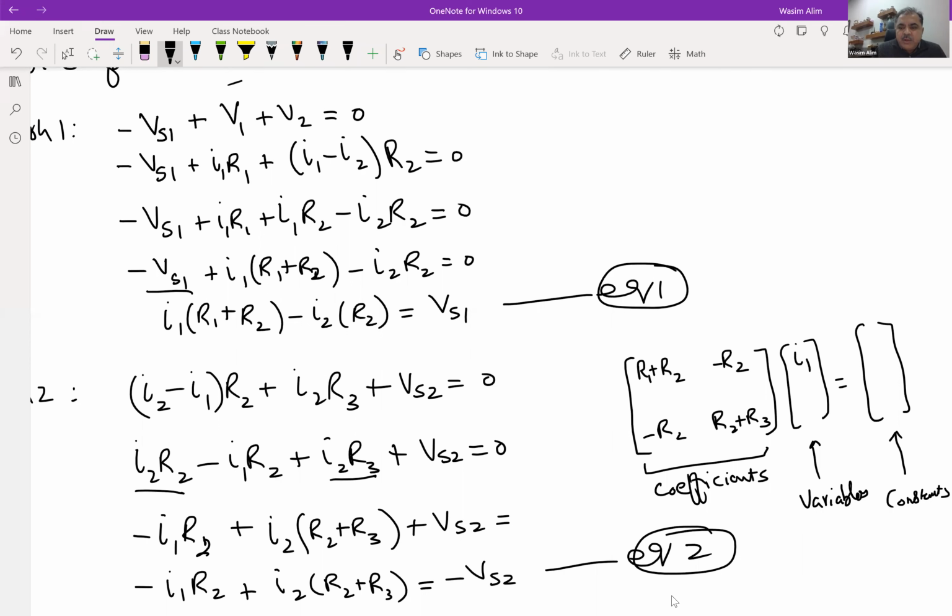This one is I1, and this one is I2. This is, again, going to be generally a constant value, which is going to be the value of the voltage source, VS2. So now from this, you can solve it through calculator or MATLAB that way.